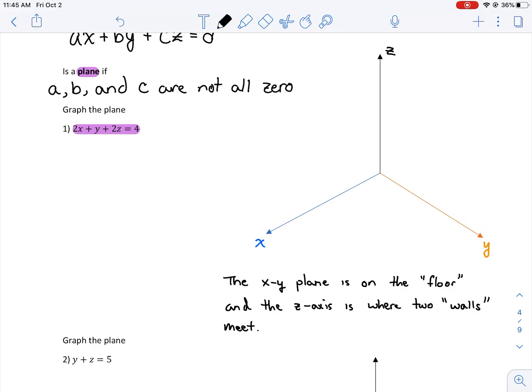Okay, so how do we do that? Well, we're going to find the x-intercept, the y-intercept, and the z-intercept. So I'm going to start with the x-intercept. And to find the x-intercept, we're going to let y equal 0, and we're going to let z equal 0.